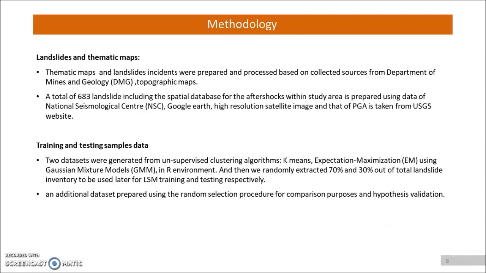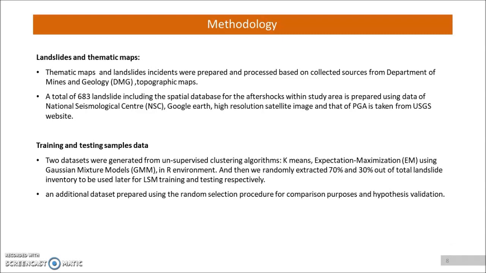After we cleaned the data, we had almost 680 landslide events and locations in the database, which was also prepared using data from the National Seismological Center, Google Earth, high resolution satellite image experts, and the DEM taken from the USGS website.